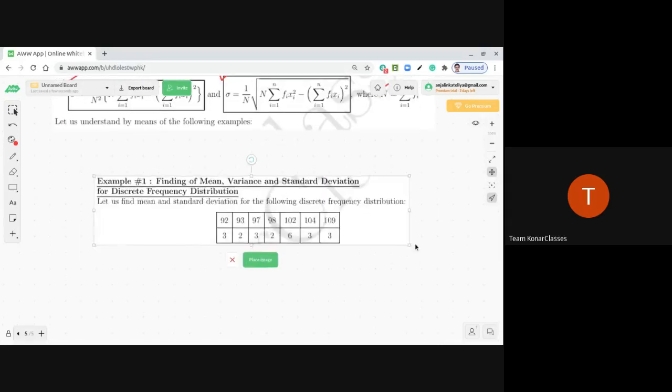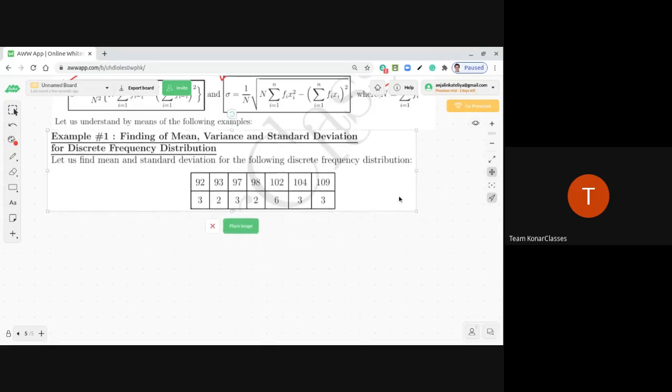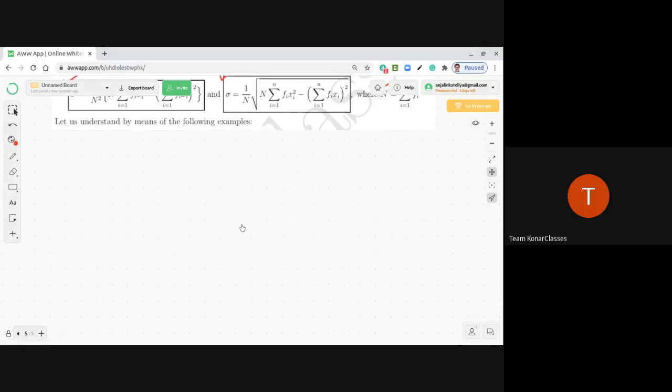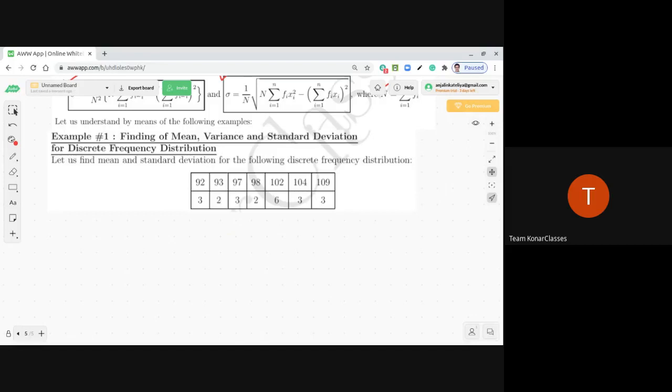As you see, dear students, we need to find the mean and standard deviation of the following discrete frequency distribution. We need to find the variance also, and let's see how we can compute it.